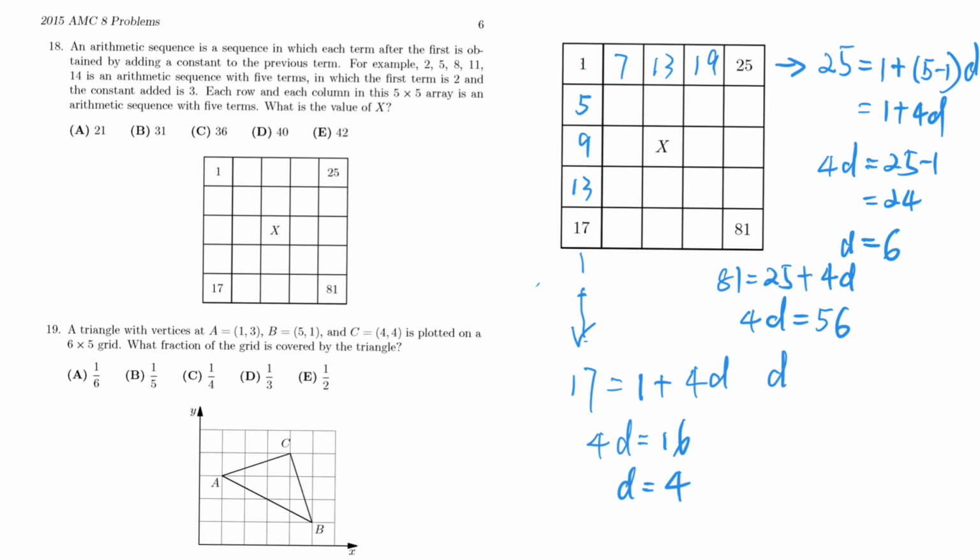So d equals 14. That means the second number is 25 plus 14, that's 39. 39 plus 14 is 53, plus 14 is 67, and then 81.